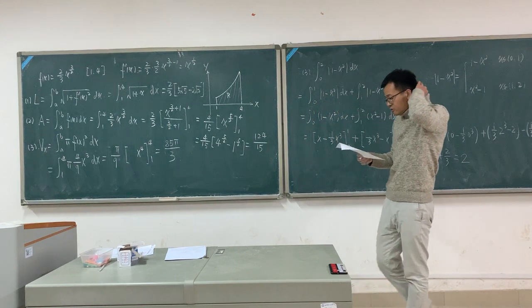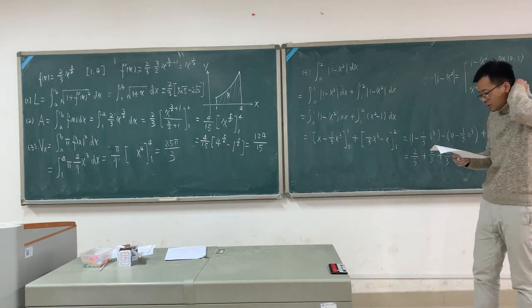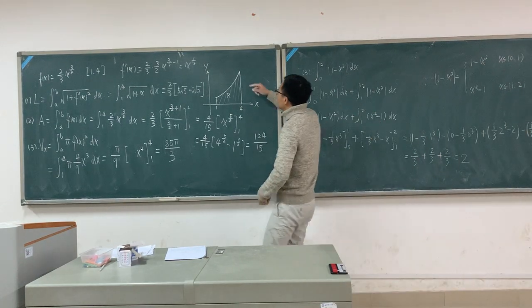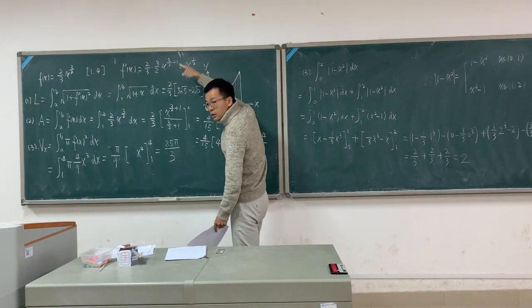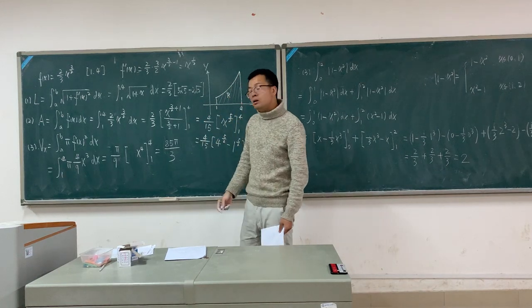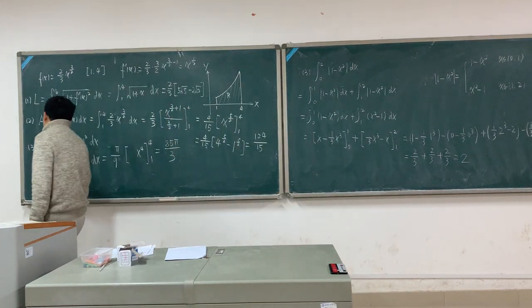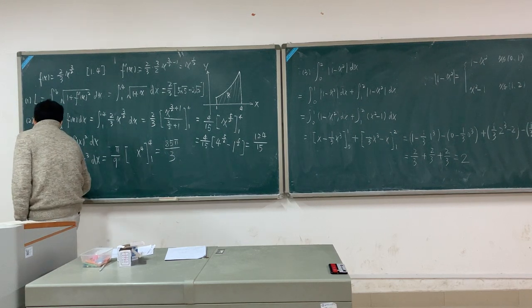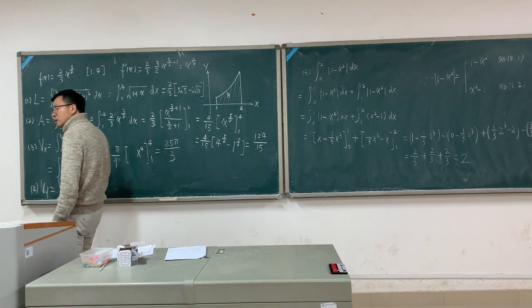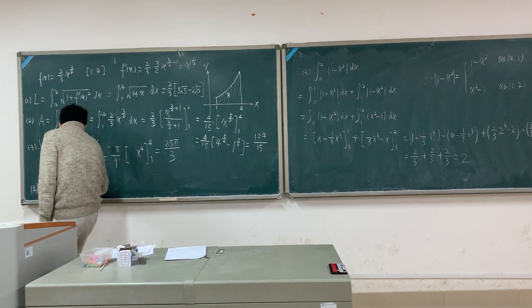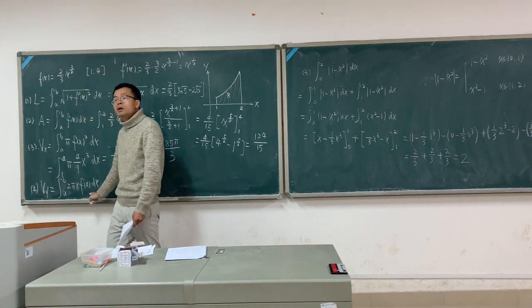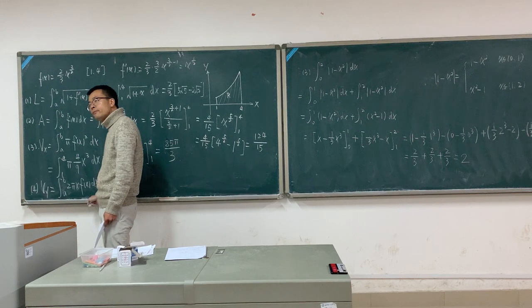Number 4, find the volume of the solid of revolution generated by revolving the region about the y-axis. About the y-axis, so what's the formula? Vy equals the definite integral from a to b of 2 pi x f(x) dx.